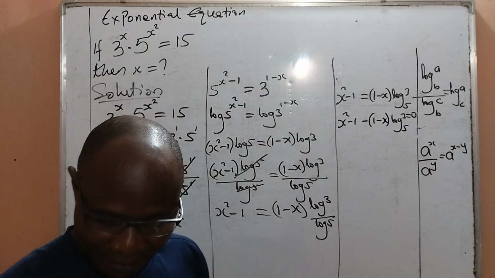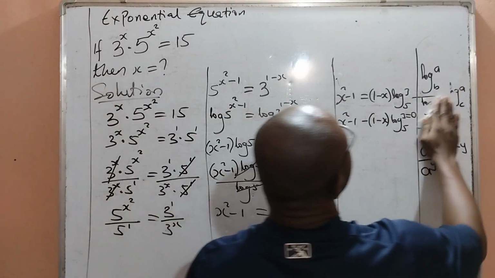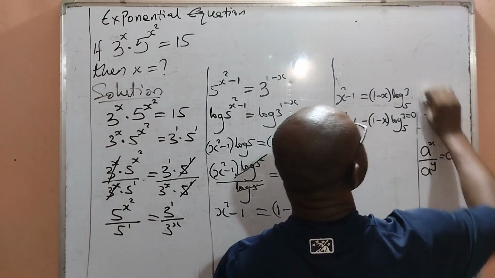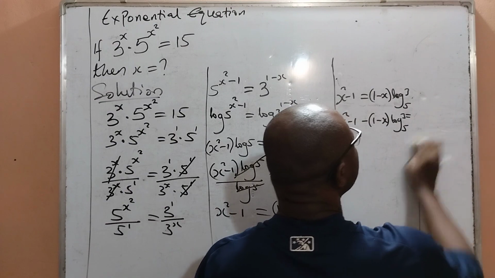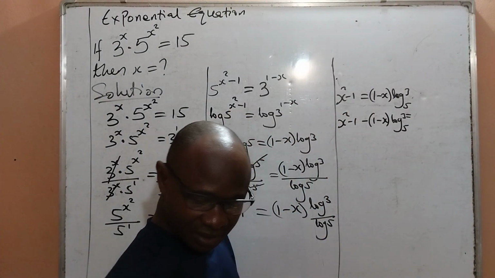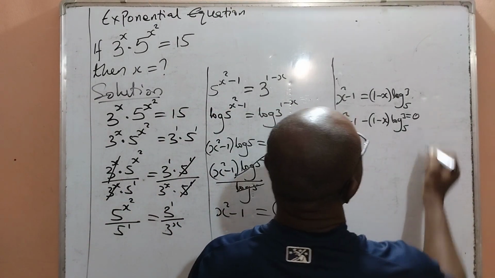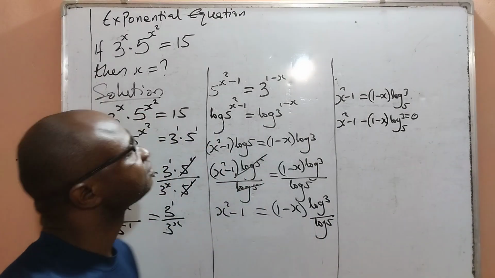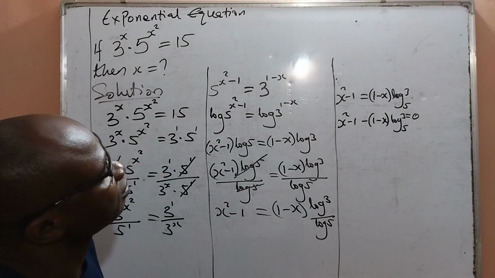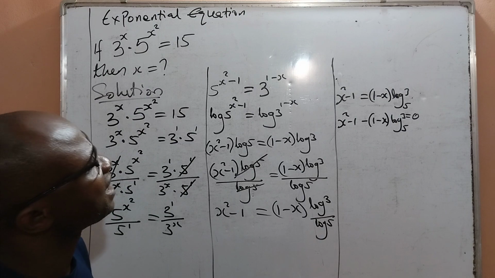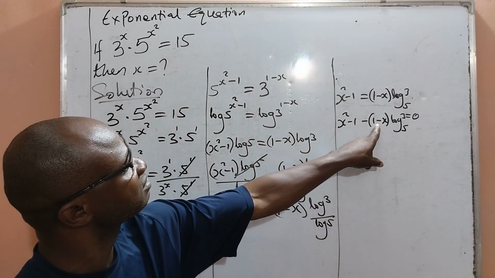Let me make space on the board. Alright, so this now will be equal to 0. It is now very perfect. We move on. What will I do next? Let me open this bracket.